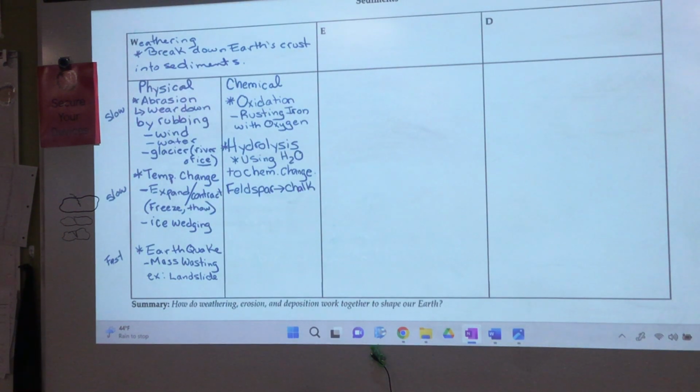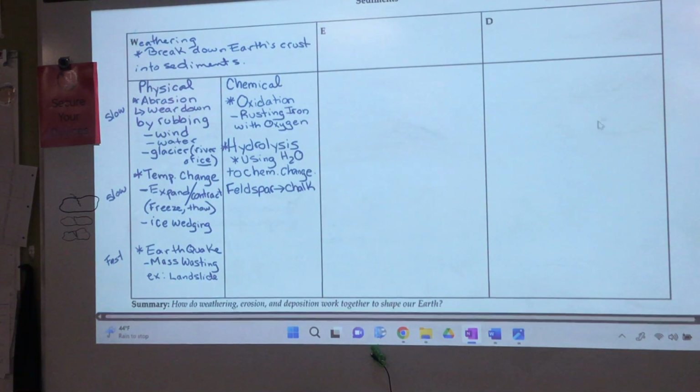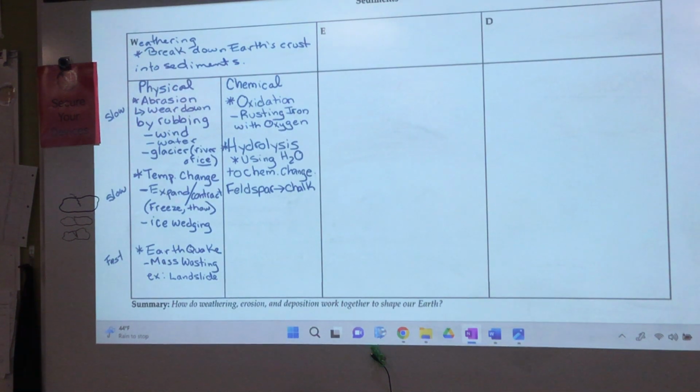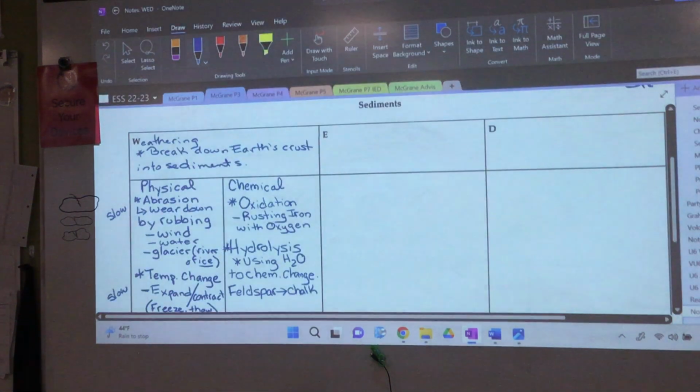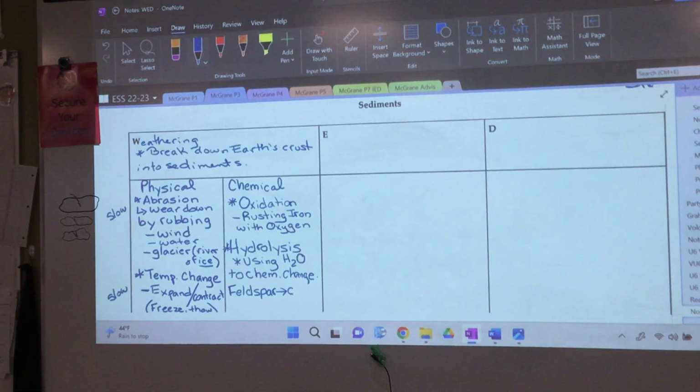You can't do that with granite. Feldspar is very hard. So we can turn with water and dissolve that feldspar, that pink crystal, into something softer like, oh, I'm sorry, it should say clay, not chalk. I'm so sorry. It should be clay, like a real soft clay.